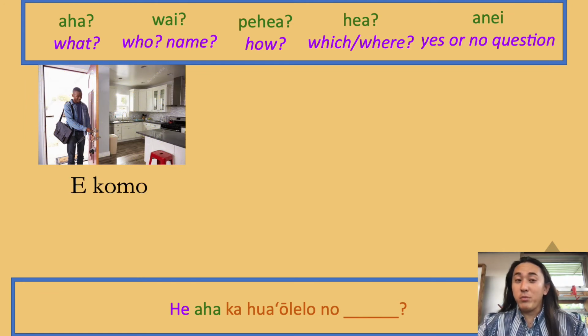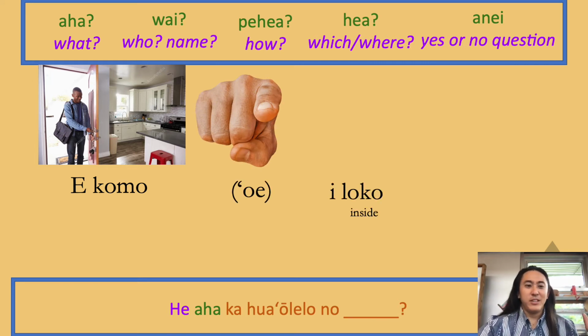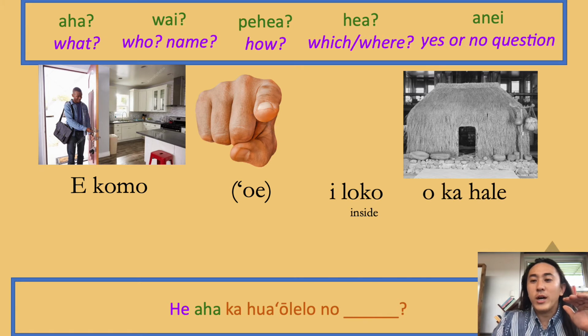E komo, to enter. Oi, maybe. E komo i loko. E komo i loko o ke aha? E komo i loko o ka hale.